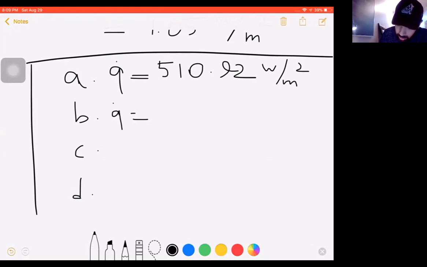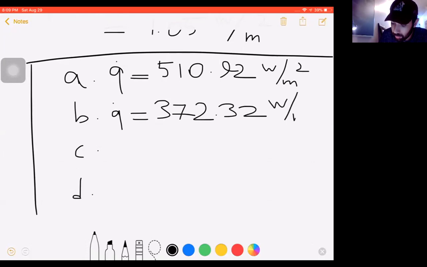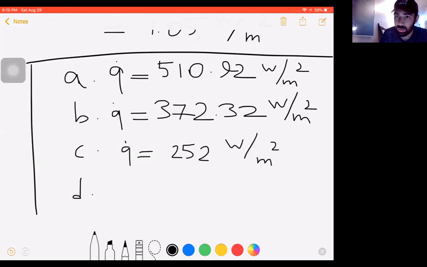For the evacuation, there was no conduction. We only had the radiation, which was equal to 772.32. And for the fiber insulation, it was equal to 252 by only conduction because there was no radiation in this case.